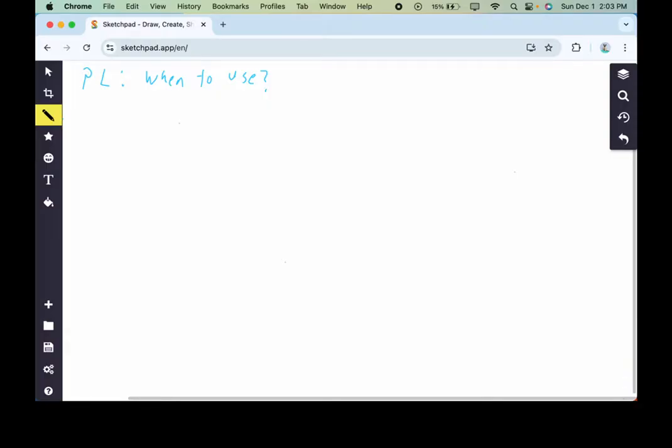And when do we use it? Well, we're going to be using it when we're proving that something is not regular or not context-free. This is basically a proof that tells us whether a language is not regular or not context-free.